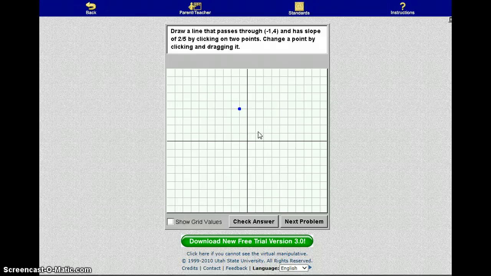Now we need to find out how this line slopes. What is its inclination? How does it slant? There are a number of lines that can go through -1, 4. In fact, there's an infinite number.